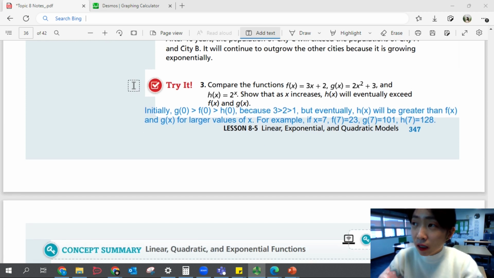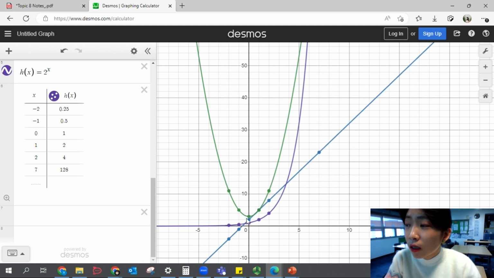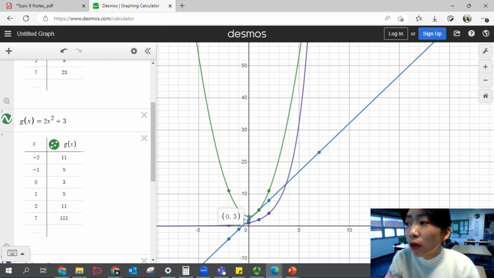Initially, g of 0 is greater than f of 0 is greater than h of 0, like we talked about, right? That's g of 0, and then that's f of 0, and that's h of 0, okay?